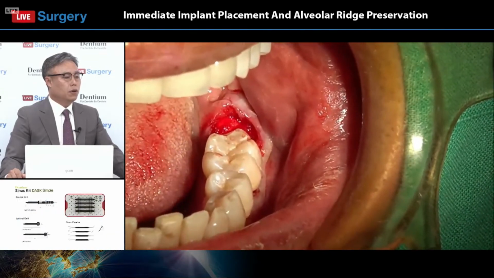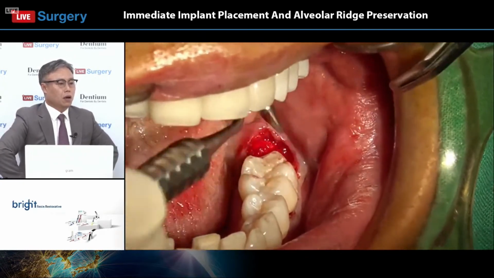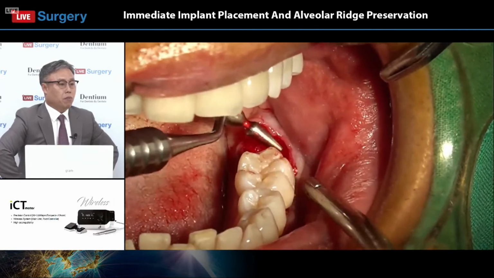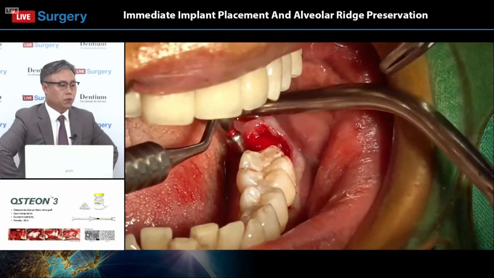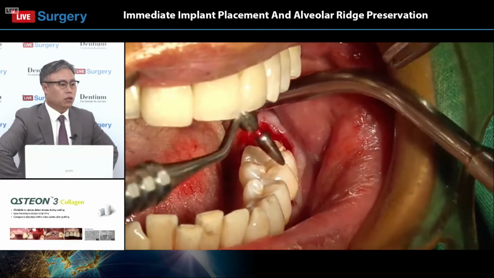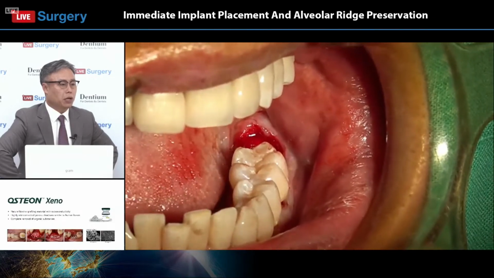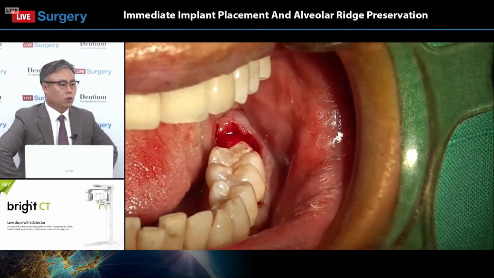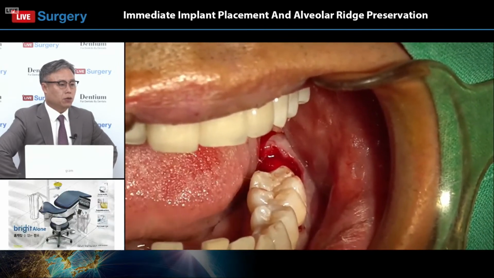For the extraction socket, for the ridge preservation technique, a proper barrier membrane or collagen matrix could be applied for that purpose. Usually the membrane has been used popularly, but nowadays there are some papers applying the collagen matrix. My preference is applying the collagen matrix.